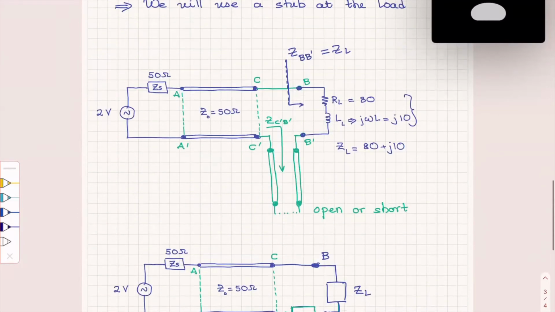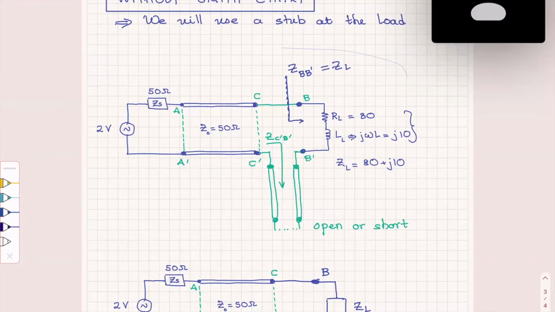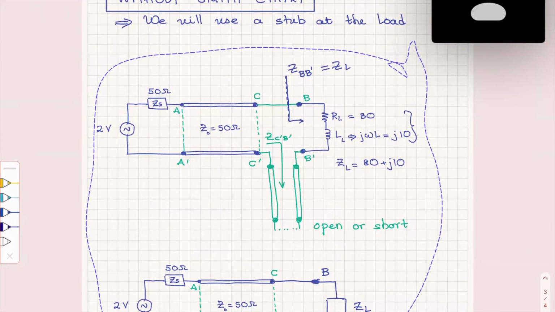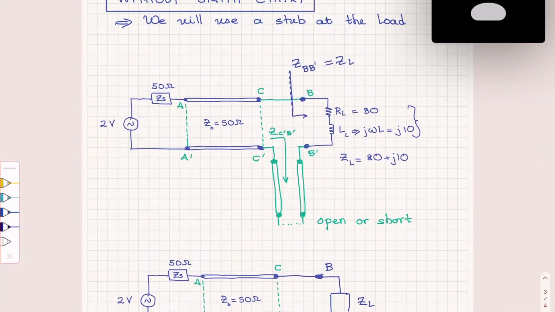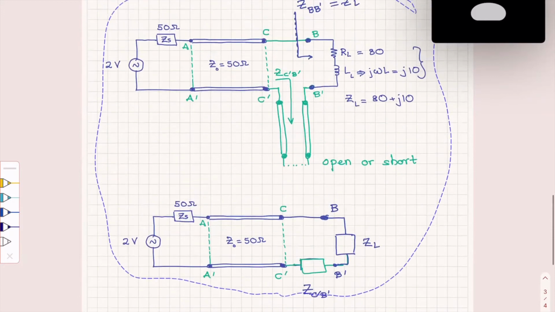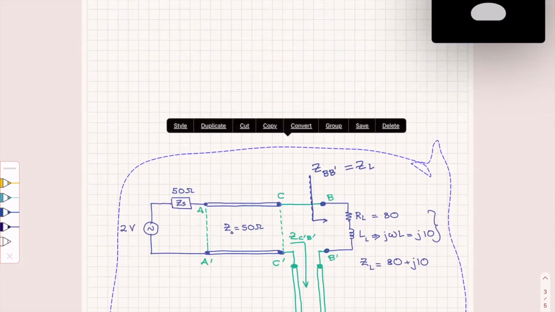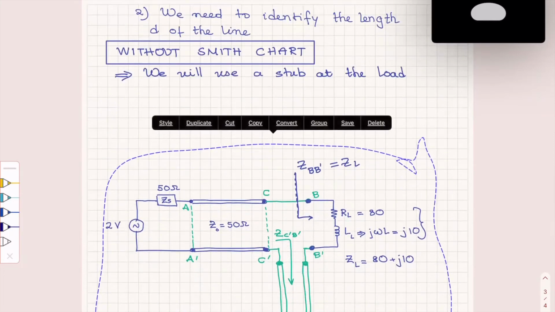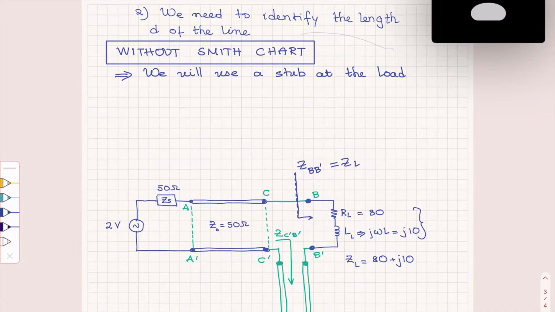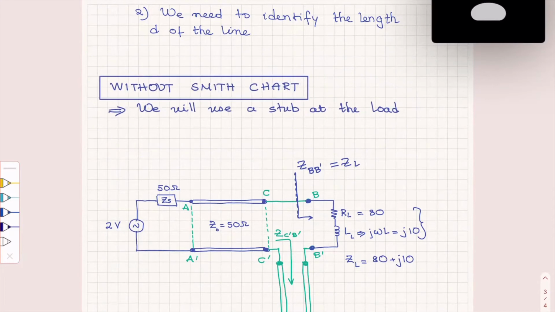All right, and then what we're gonna do is move a little further down.